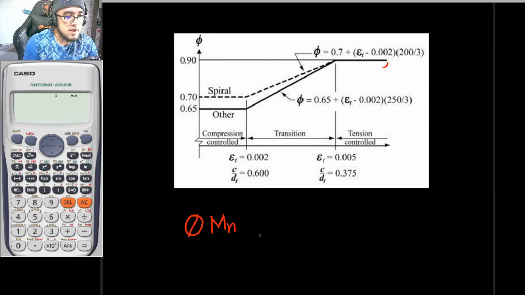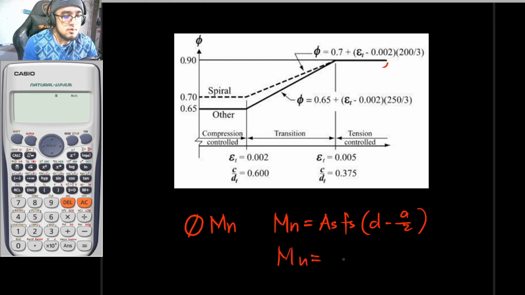As for the value of Mn, this can be written as As Fs times d minus a over 2, or Mn is equal to, sorry, 0.85 fc prime a bw times d minus a over 2.